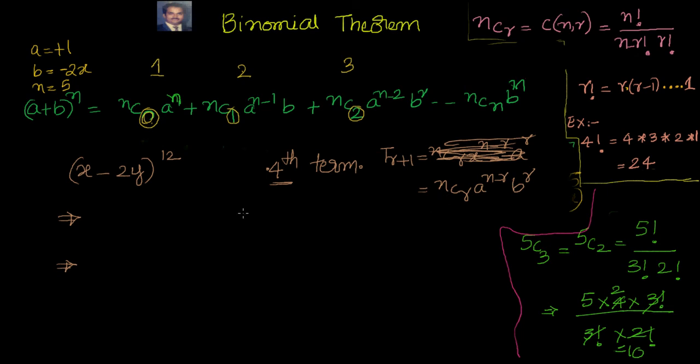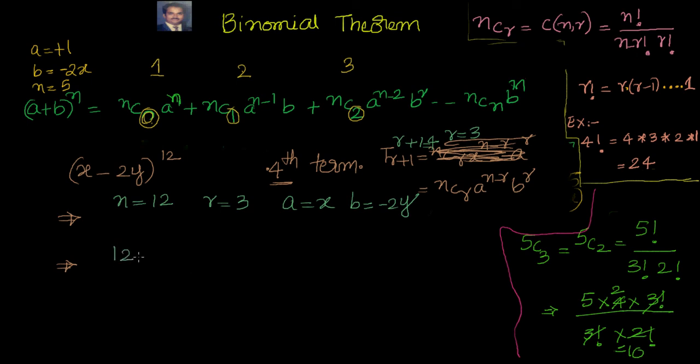Let us see. n equal to 12. Let me put down all the information we have here. n equal to 12 and r equal to 3, because r plus 1 is given as 4, so r is equal to 3, and a is equal to x, b is equal to minus 2y. Everything you have ready, just go ahead and substitute it.